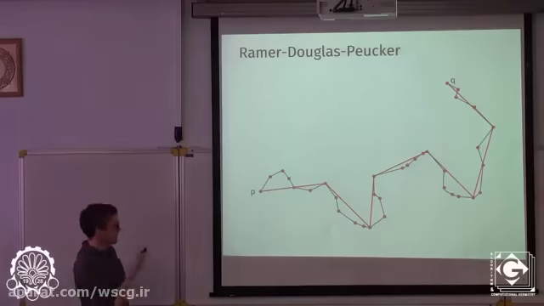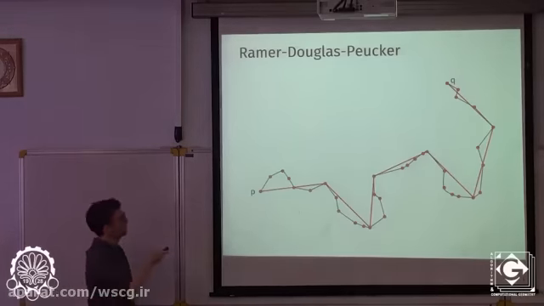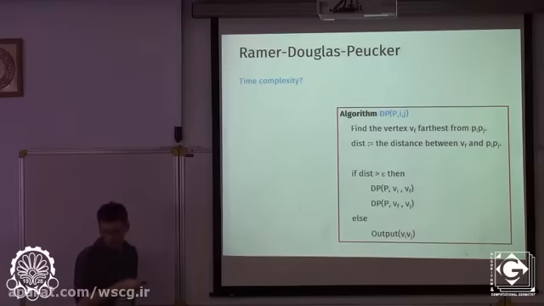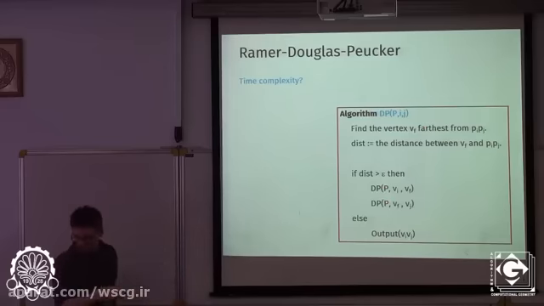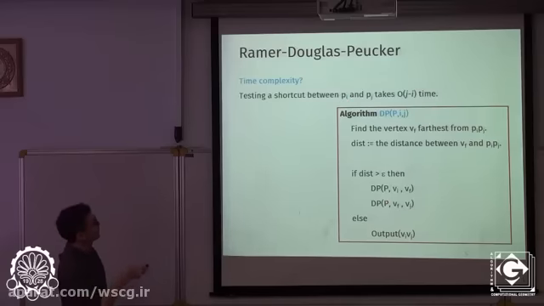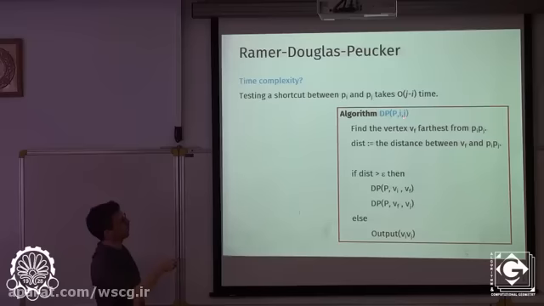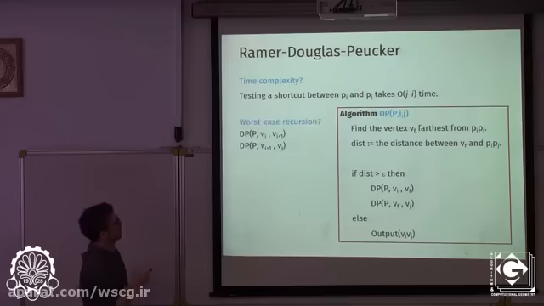Okay, so that is this algorithm. Let me say a little bit about the time complexity. We find the vertex that is farthest, which takes linear time, and then we recurse on two subproblems. If I'm looking at the subtrajectory from i to j, testing whether this shortcut works takes linear time in the length of this subtrajectory.